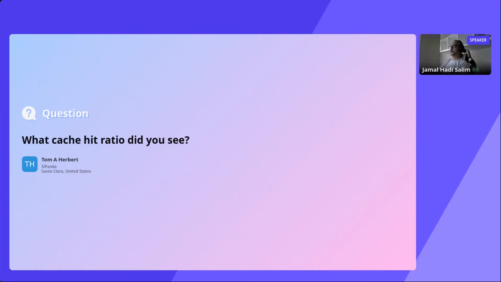Next question was from Tom. Tom asked what kind of cache hit ratio we see. We have some data, and I can share my screen and show it.